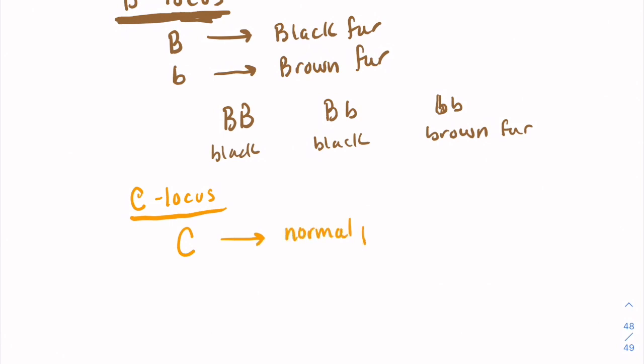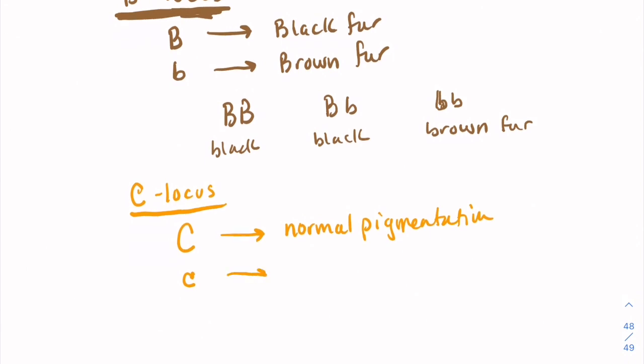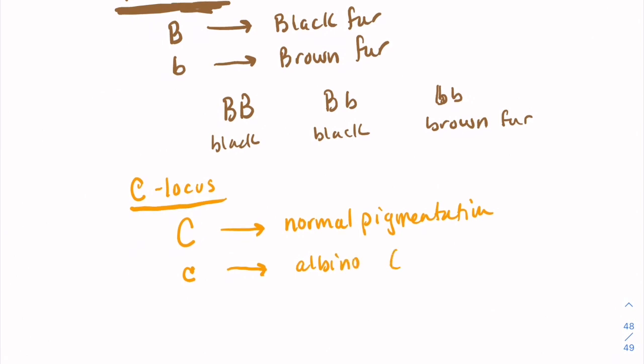Normal pigmentation, let's call it. Whereas the recessive allele, and I'm going to write a little lowercase c and put a little hat on it like that so that we can tell the difference. This causes a cat to be an albino. An albino cat has all white fur. All white fur, no pigmentation.